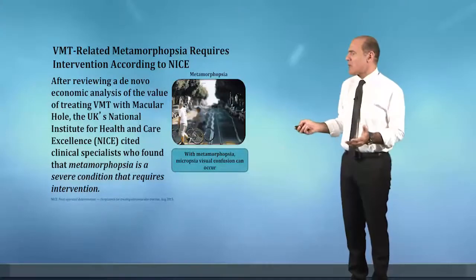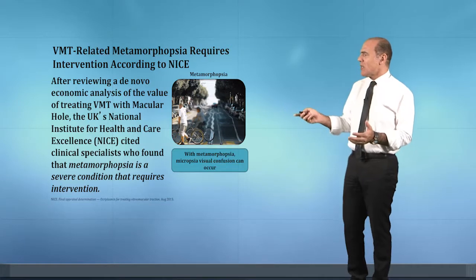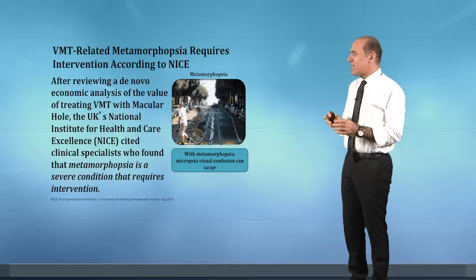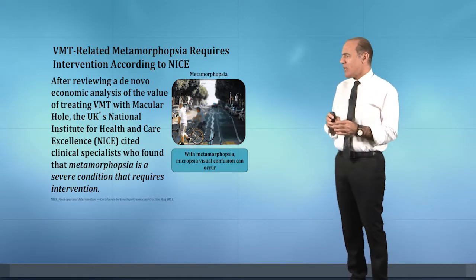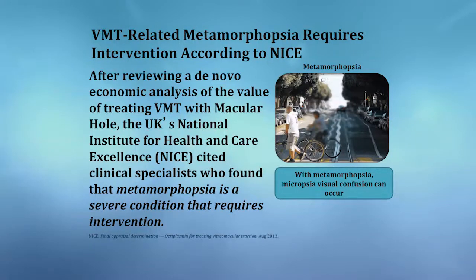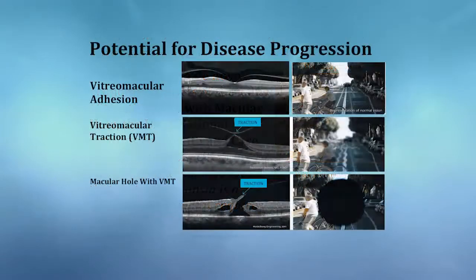How does it look? Here, when you look at this with vitreomacular traction but no hole yet, according to NICE. What is NICE? NICE is the UK National Institute for Health and Care Excellence. They cited this for specialists to look at. If you look at the road, you can see corrugated lines with the vitreomacular traction.